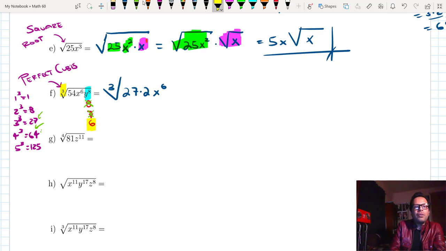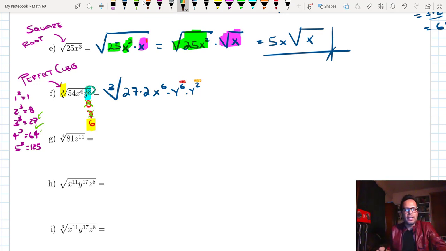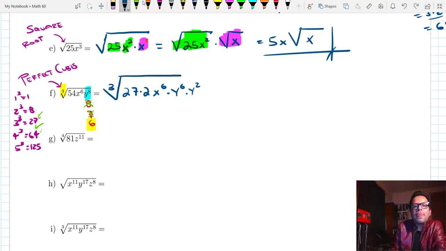So I'm going to write y to the 8 as y to the 6 times y squared, because 6 plus 2 equals the 8 right here. That's going to give us back those two numbers. And we are done factoring everything.